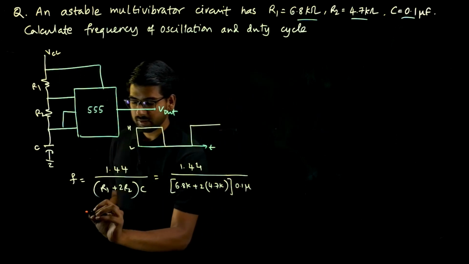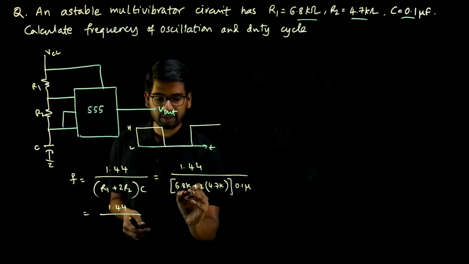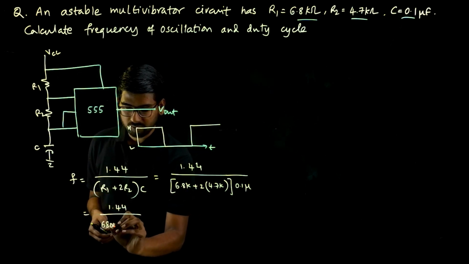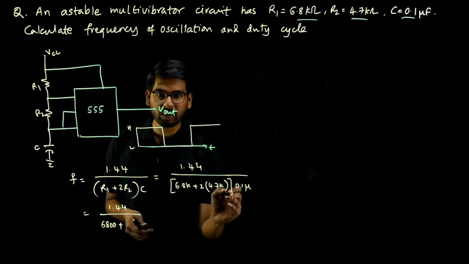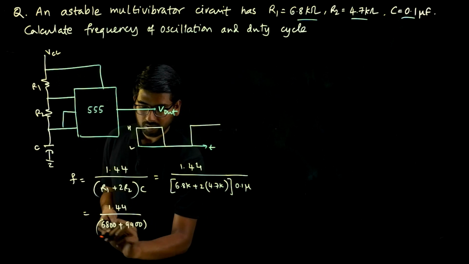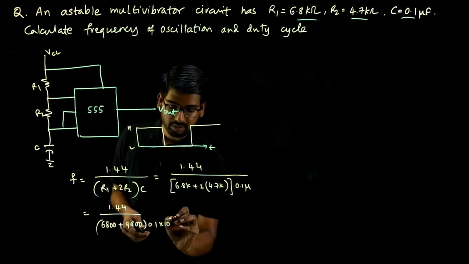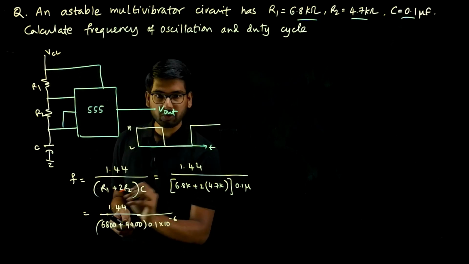So what will I get? I'll get 1.44 by (6,800 plus 2 times 4.7K, which is 9,400) into 0.1 microfarad, which means 0.1 into 10 power minus 6. Substitute all this in the calculator.